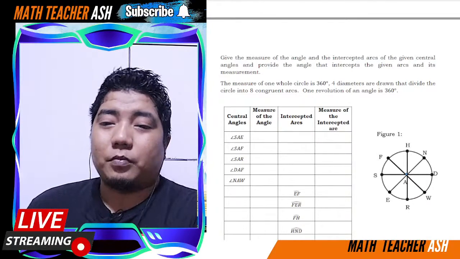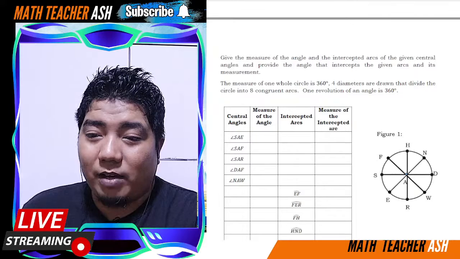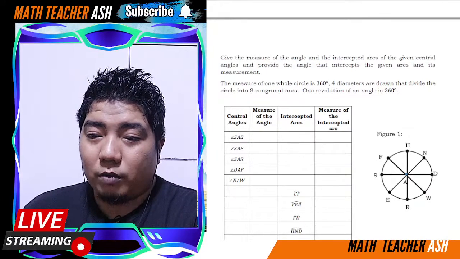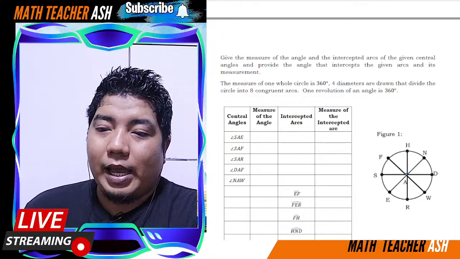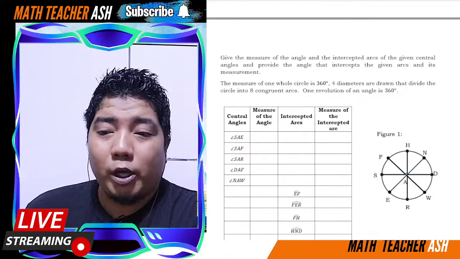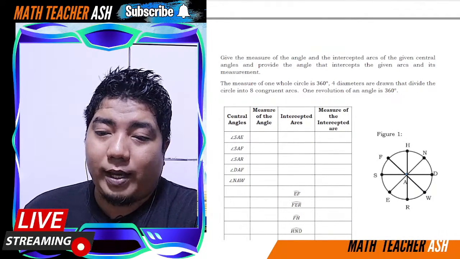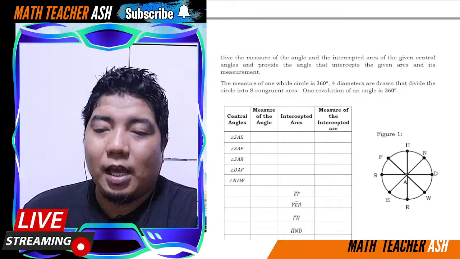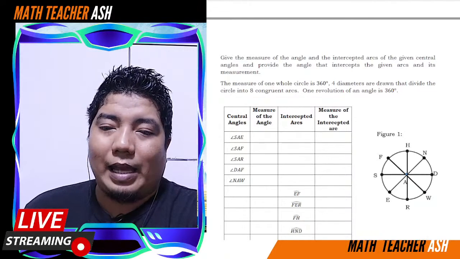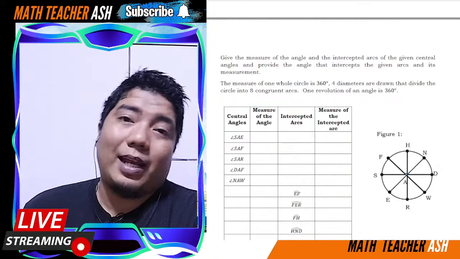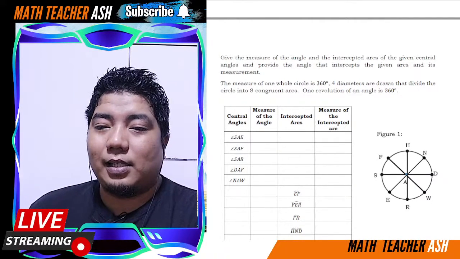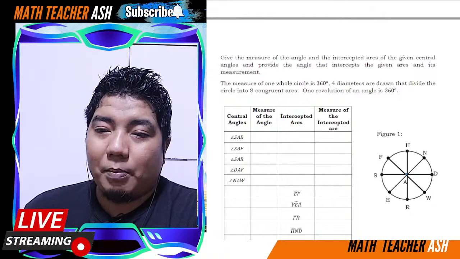Alright. So, we have here the figure with A as the center, and points on the circle are the following: S, F, H, D, W, R, E, and S. Okay. So, given here, the whole circle is always 360 degrees and 4 diameters are drawn.